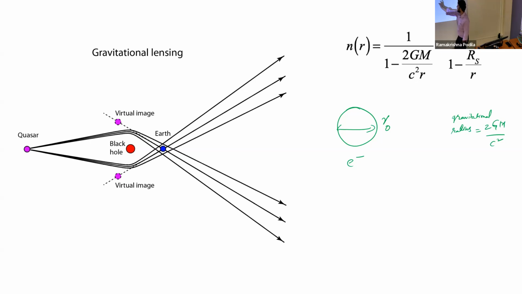Now, if the object size itself is smaller than the gravitational radius, then you have a black hole. This 2GM by c squared is nothing but that radius. Below that radius, it's a black hole. So if you can pack all this mass into such a small size, then you get a black hole.